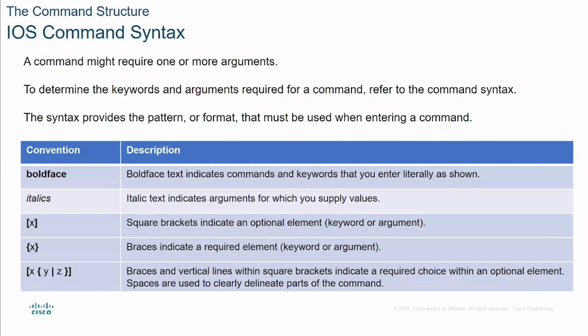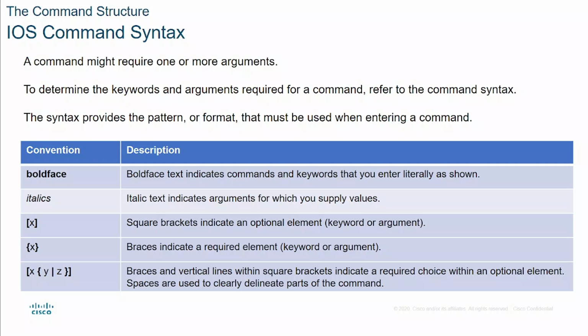Square brackets indicate an optional element, which is either a keyword or argument. Braces, on the other hand, indicate a required element. Now when you merge square brackets and braces, braces and vertical lines within square brackets indicate a required choice within an optional element.